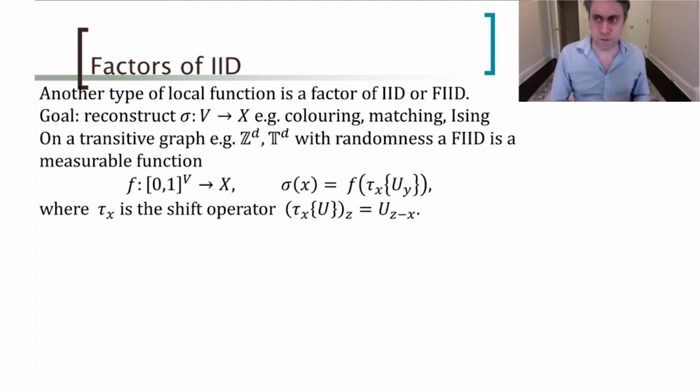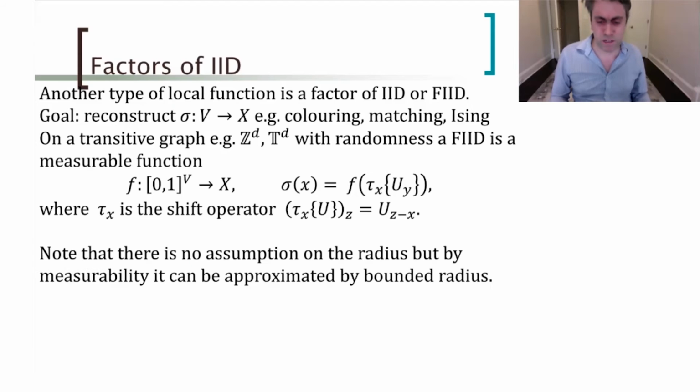Okay. So initially this might not look like a very local function, because f can depend on everything in the entire infinite graph. So that's almost the opposite of local. But it's a measurable function, and so if it's measurable, then you can approximate the function f very well with a function that just looks at a bounded radius.